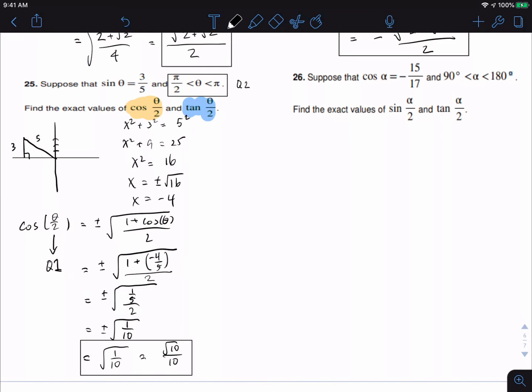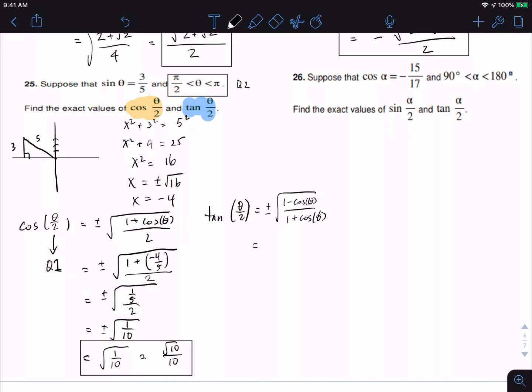And so then we're going to get tangent of theta over 2 is going to be equal to plus or minus the square root of 1 minus cosine theta over 1 plus cosine theta. But again, since we're in quadrant 1, we know it's the positive case.